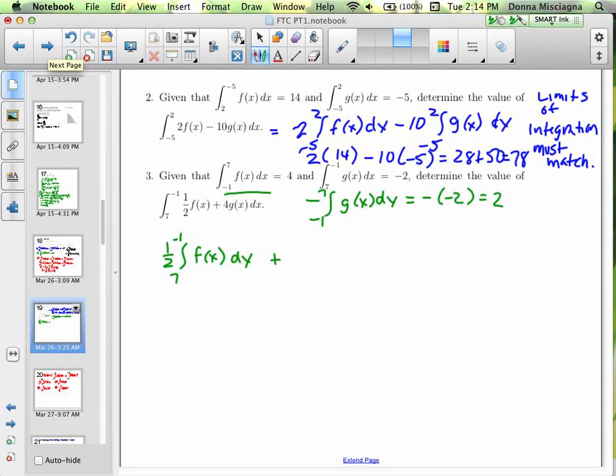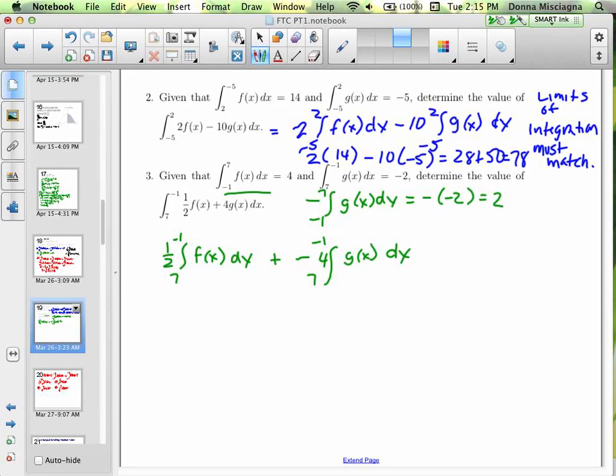So -4 times the integral of, we just know when we plug it in, it's going to be a +2, not a -2, from 7 to -1. But we don't want to rewrite this incorrectly, right? So we want to make sure we show it's a minus, and of course, a minus and -2 would make that a +2. And then g of x dx.